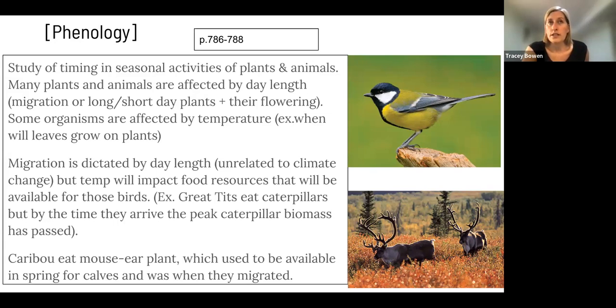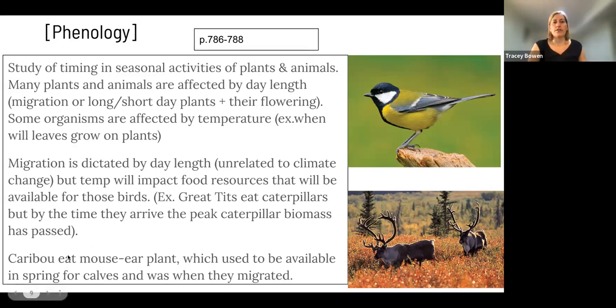So if the temperature of the environment is not consistent, this can also be highly problematic. And it's even more problematic for food sources. Like birch trees are pretty resilient, but tomatoes are definitely not.